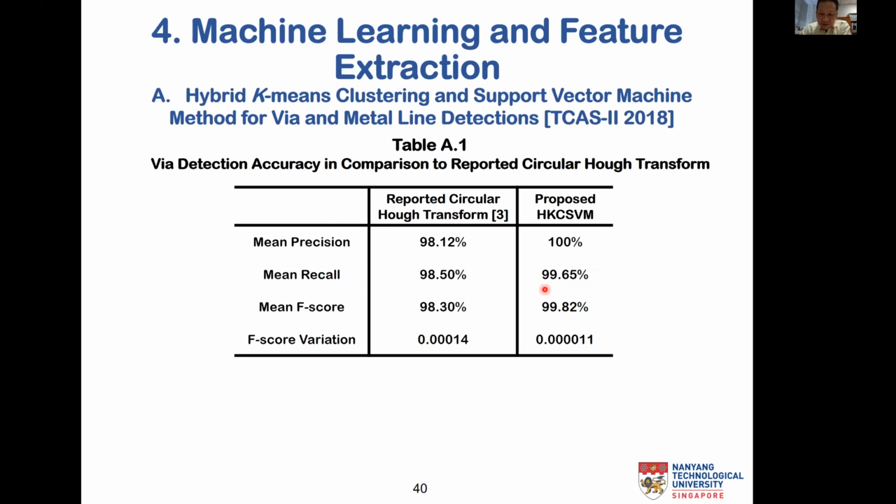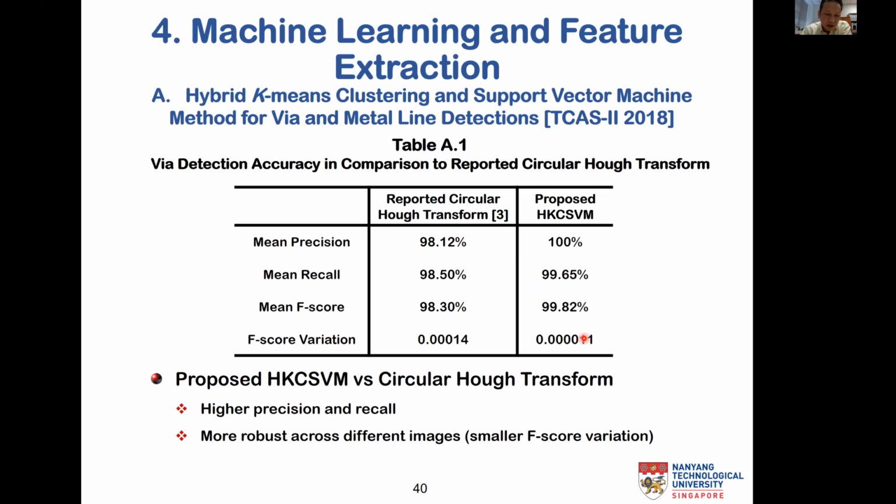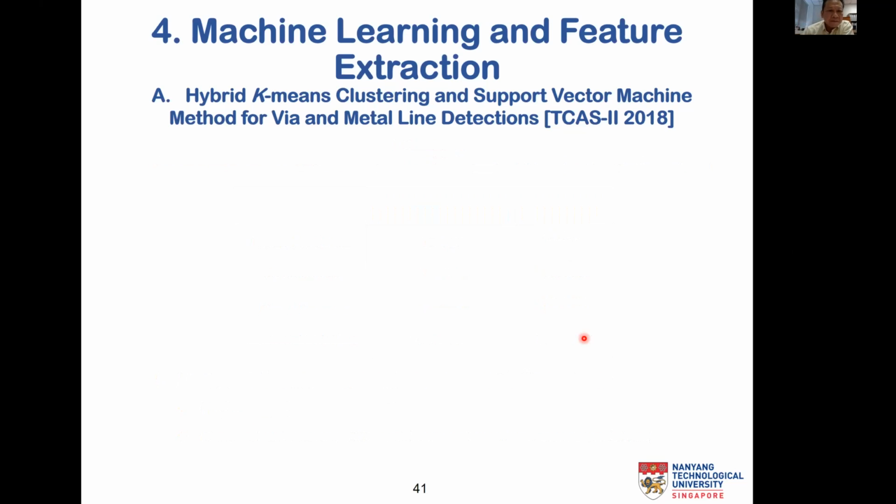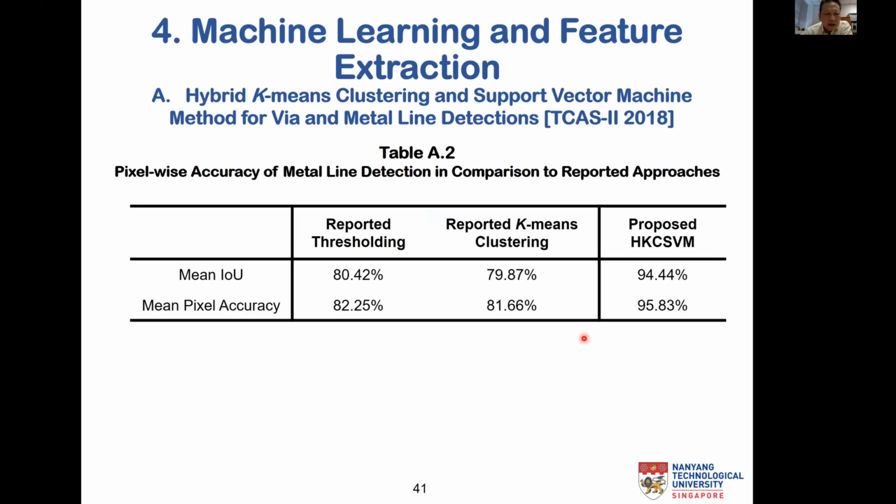Our mean F-score is 99.82%, and the F-score variation is very low. F-score variation being low means that for different images, your consistency is very high in identifying the VR and metal line. So high precision and recall means it is more robust across different images. You can also look at the other scores, which are very high.